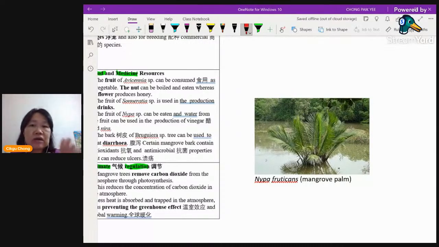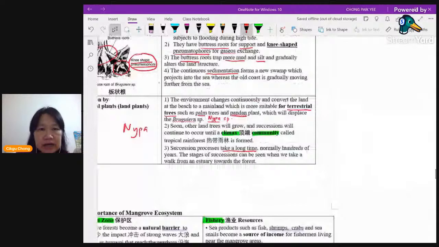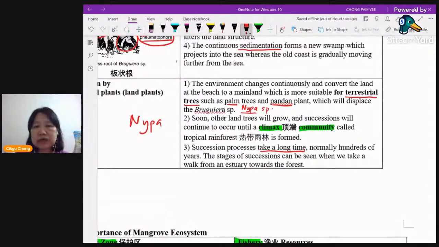So this is further in after Bruguiera. First is Avicennia, then Sonneratia, then Rhizophora, then Bruguiera. After the Bruguiera, this area is actually inland already. You have nipa and Pandanus. So now it is nipa and Pandanus, which are a lot at this area.